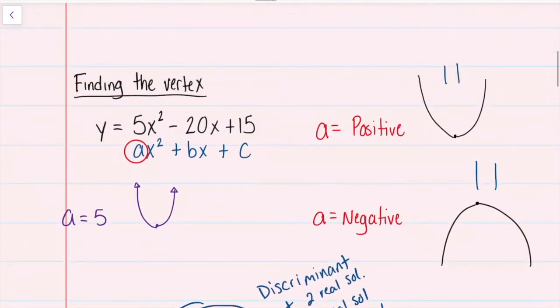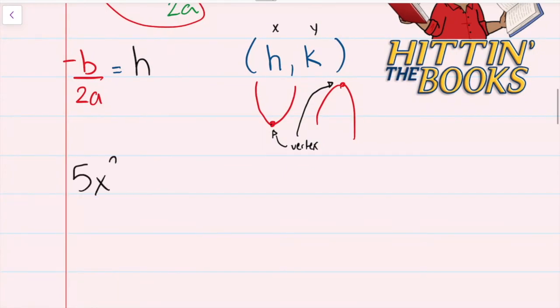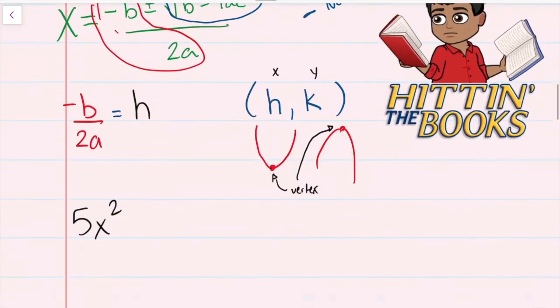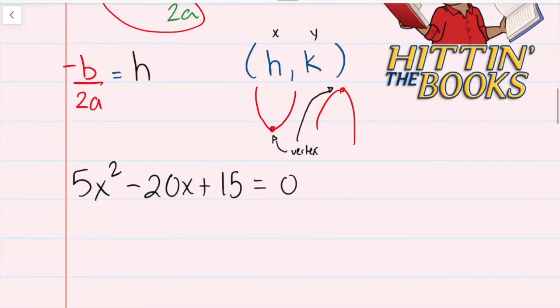Well, let's look at this example here. I have 5x squared, let me write this down. 5x squared minus 20x plus 15. Okay, so I have this problem, and I want to make sure to find the vertex. Make it equal to 0 here. To find this, first I need to find what b and a represent.